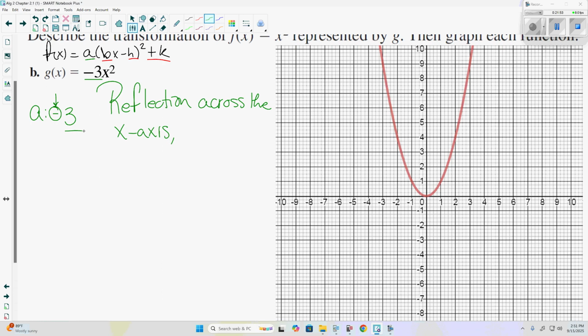The 3, since it's in place of a, tells me that there's either a vertical stretch or a vertical shrink. It's a stretch if it's greater than 1. It's a shrink if it's between 0 and 1. Here, because it's greater than 1, it's a stretch of 3.